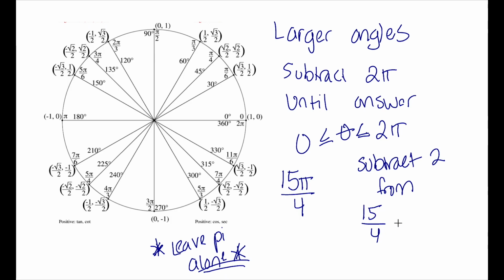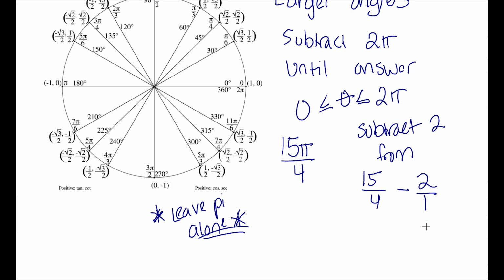So 15 over 4 minus 2 over 1. This is where you can either do it in your calculator if you know how to work with fractions in your calculator, or, as we practiced earlier, make them have a common denominator, and then you can add or subtract the fractions. So this is a 4, and this is a 1.